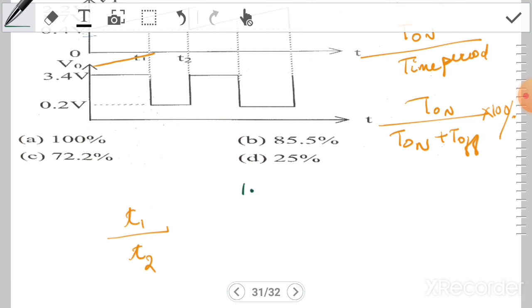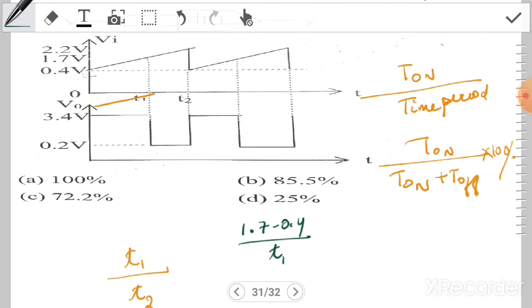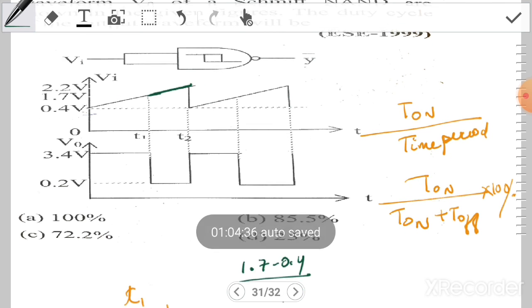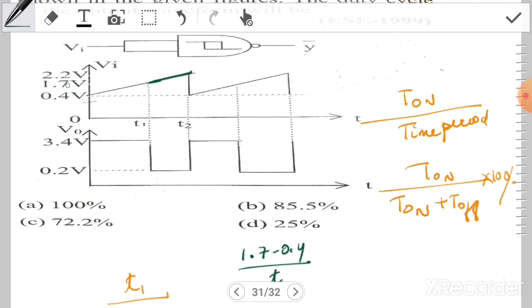And for this, the slope is 2.2 minus 1.7 by T2 minus T1.